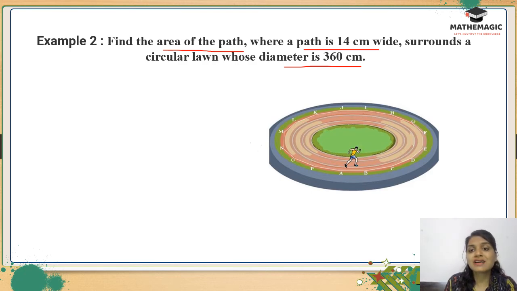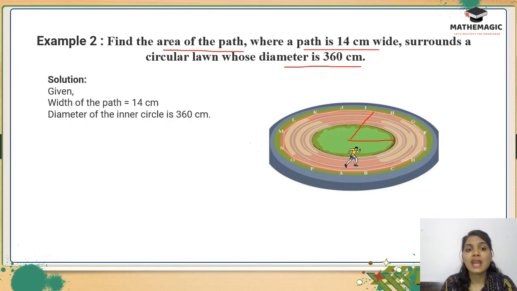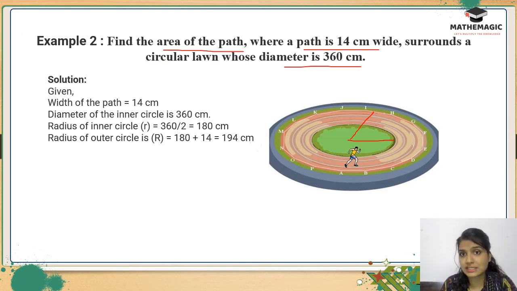So the inner circle radius will be half of the diameter, that is 360 divided by 2, and the outer circle radius will be the inner circle radius plus 14 centimeter. So the inner circle radius will be 180, and the outer circle radius will be 180 plus 14, that is 194 centimeter.